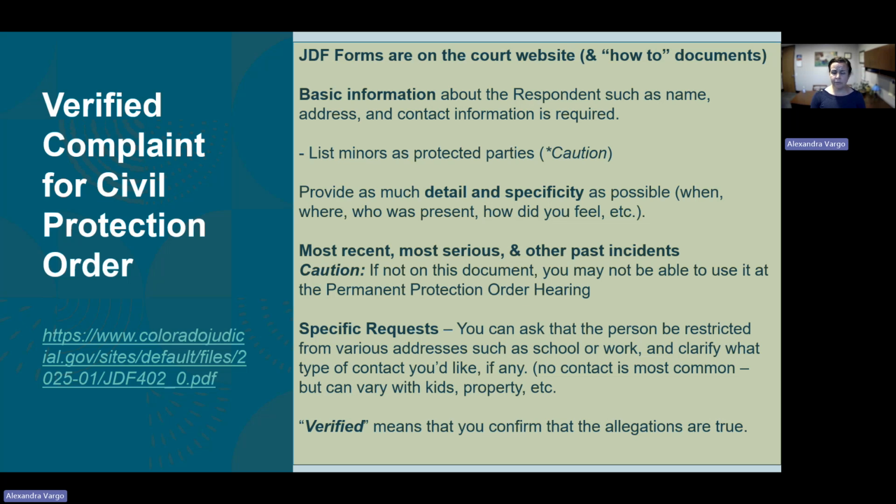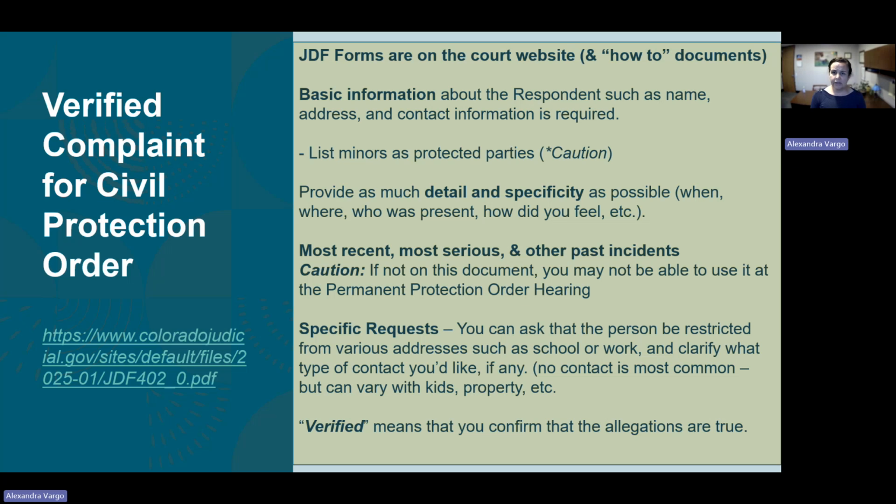You just are going to have your basic information there, and to provide detail and specificity when you can, such as where, when, how did it make you feel? That's really important to put in there. Things like if someone was terrified to go back to their house, or someone felt like they couldn't leave, or someone felt like they had no way out, or something like that.